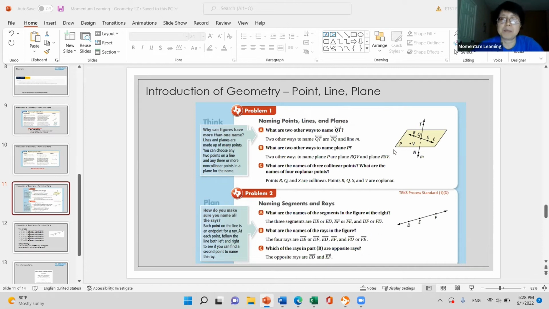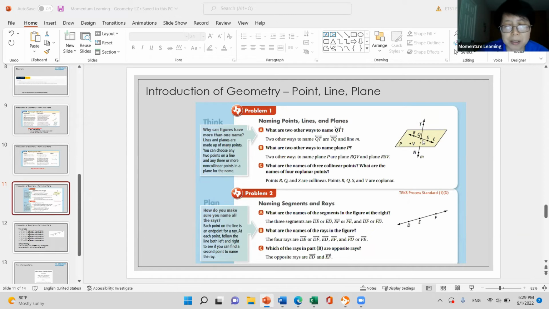Now let me ask a question. Can I name this plane as the plane QRS or plane SQR? Think about it. Can I name this plane as the plane RQS? Good job. Why couldn't I name this RQS?